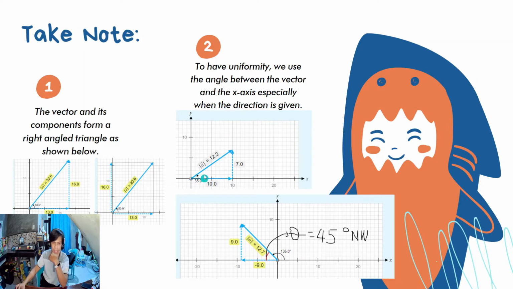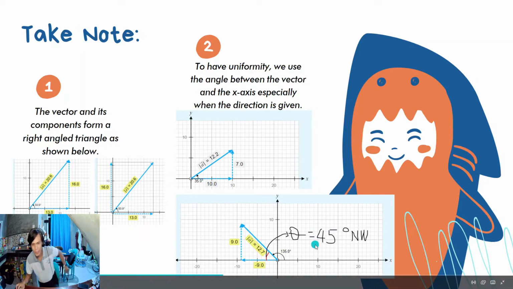Now this angle of 35 degrees is between the vector and the x-axis. We will use this angle in order to determine the y component and the x component. The second picture below uses a real direction. So we have 45 degrees northwest.